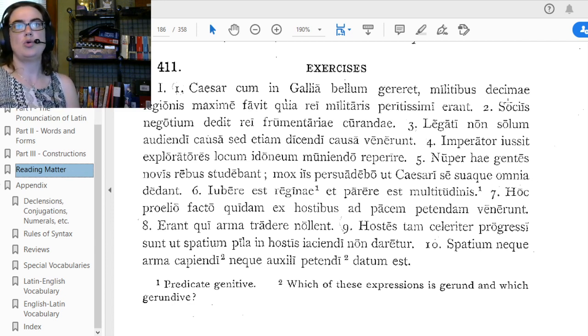quidam, certain ones, ex hostibus, from the enemy, so our ablative of separation here: certain guys from the enemy came, venerunt, in order to, ad plus our gerundive for purpose, in order to peace seek, or seek peace, if you want to sound better English.